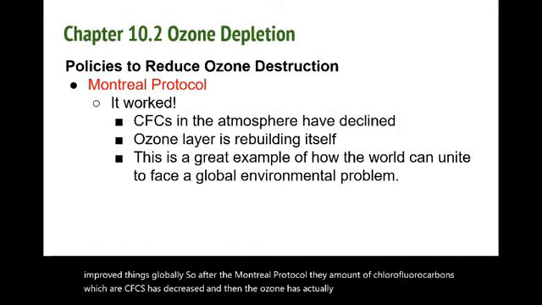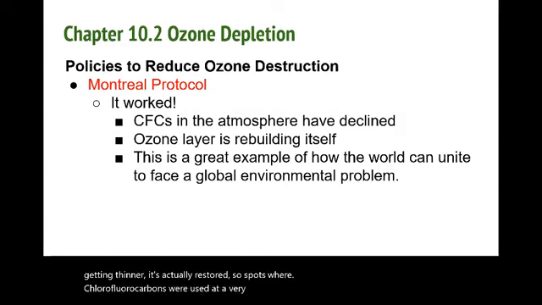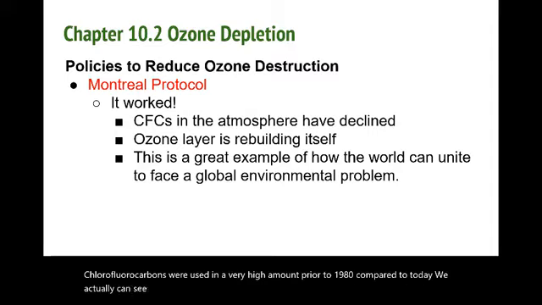It's not been getting thinner, it's actually restored. In spots where chlorofluorocarbons were used at a very high amount prior to 1980, compared to today, we can actually see improvement in the ozone. So it's really a beautiful example of when countries have come together and actually made things better.